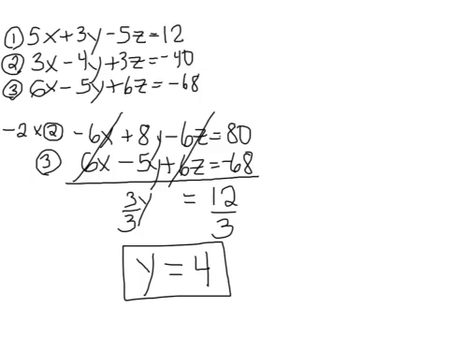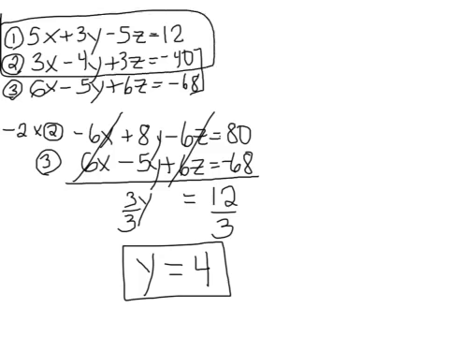Now, the next step, of course, is we want to still solve for the other two variables, x and z. But since we already have one of them, which is y, we should plug it in for y in two of the equations. Now, we've already used equations 2 and 3 for this part of the process, so you want to pick a different pair for the next step. So I'm going to pick equations 1 and 2 this time.